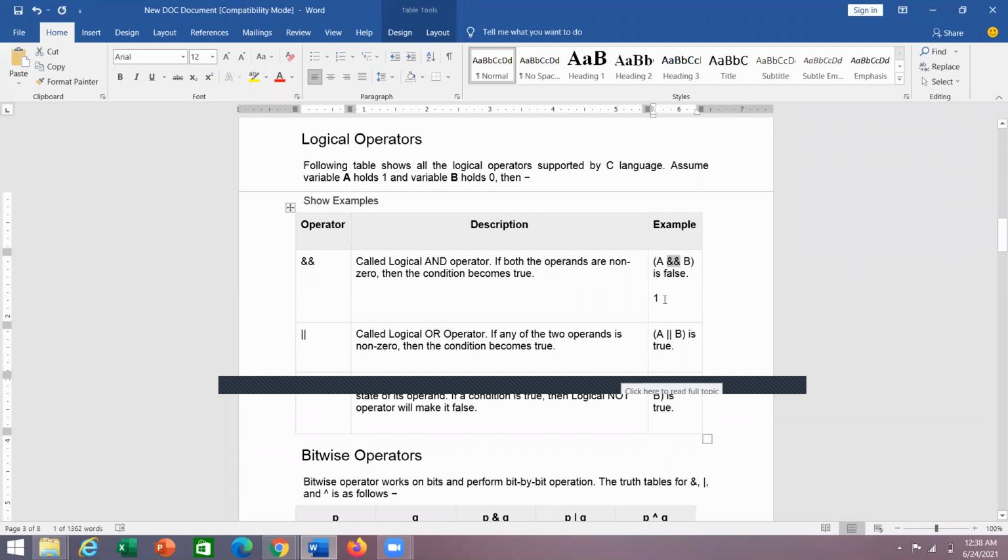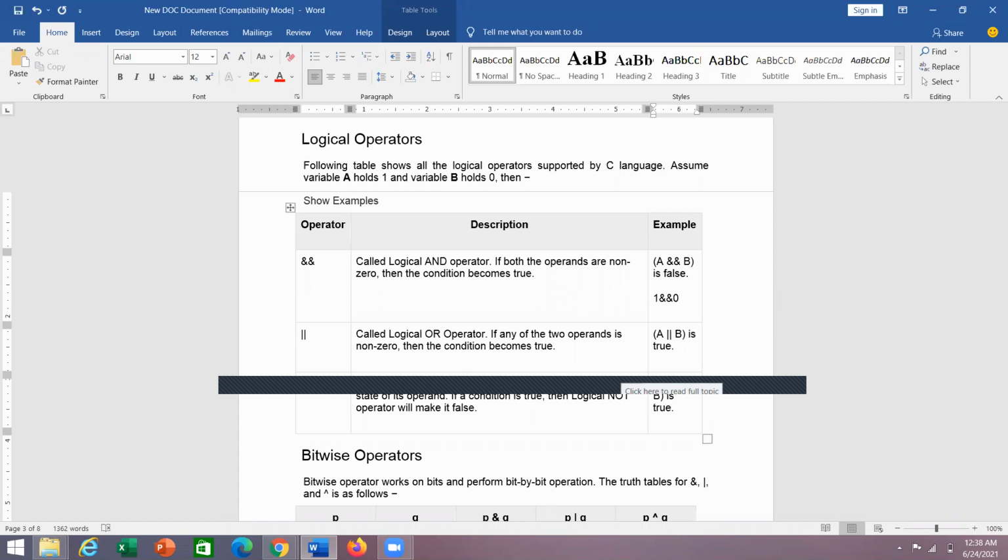Here I am saying, for the logical AND operator, if both operands are non-zero, meaning value 1, it becomes true. Otherwise, if A is 1 and B is 0, it becomes false. Why? If both operands are non-zero, then the condition becomes true.